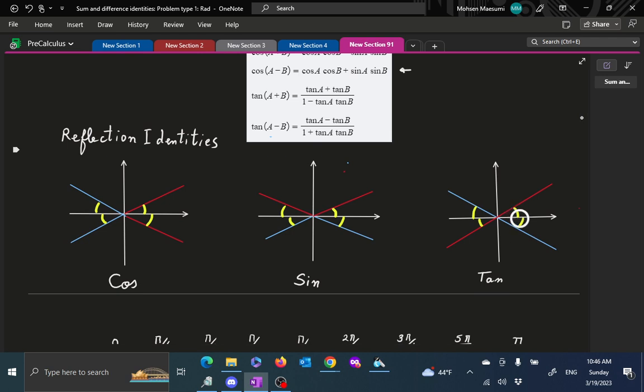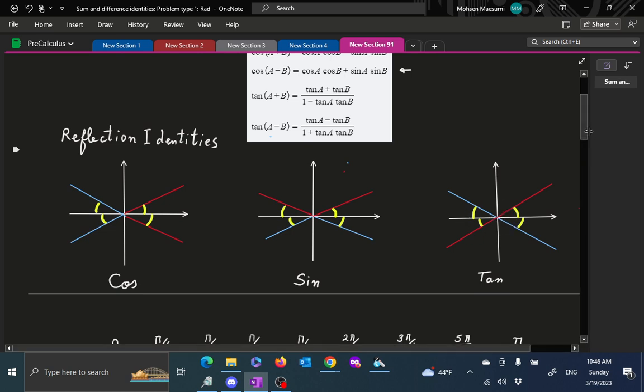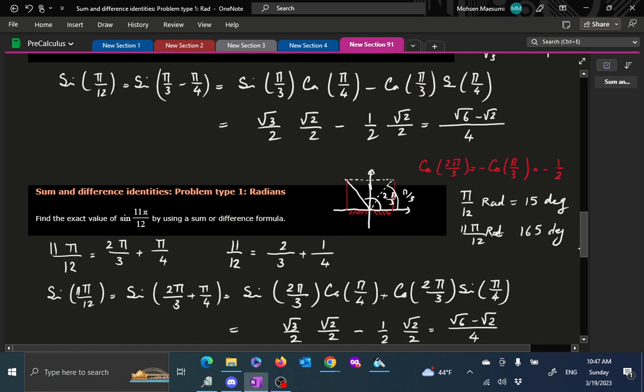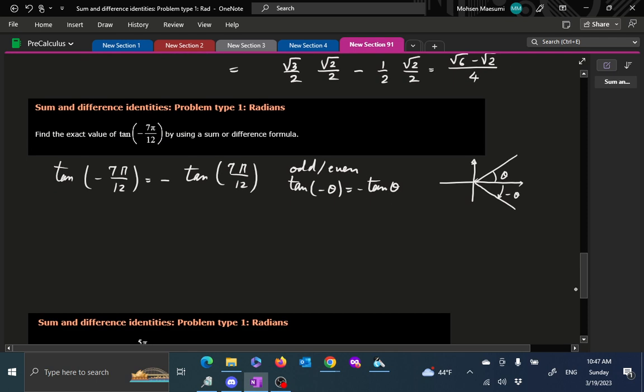If you have two angles that are reflections of each other in x-axis, then one of them is going to have a positive tangent, the other one is going to have negative tangent. And we have many other possibilities also in the reflection case. Here we're just looking at reflection in the x-axis. And that's what odd even identities are.